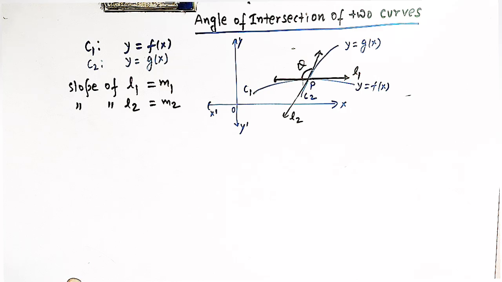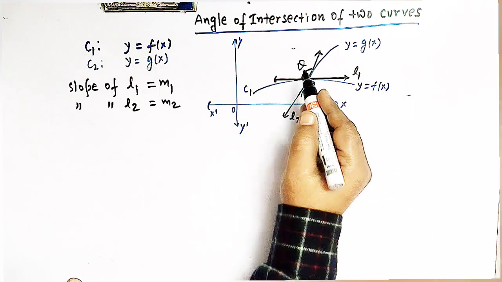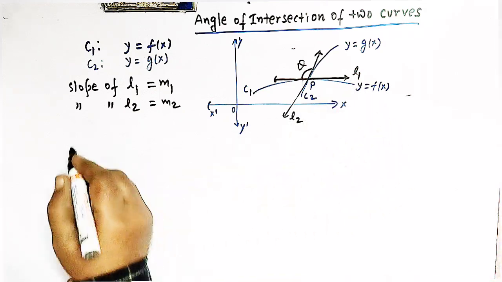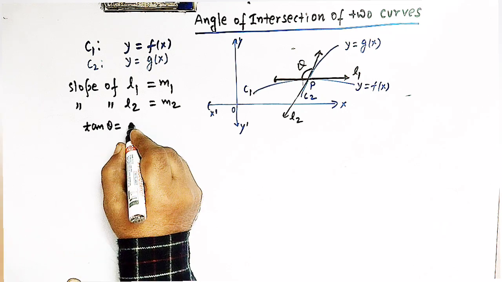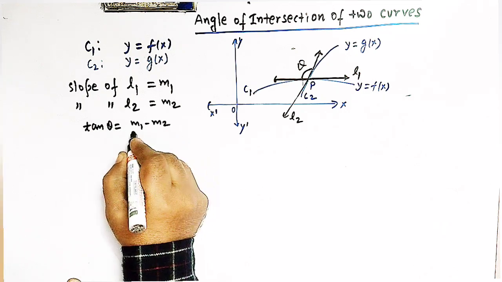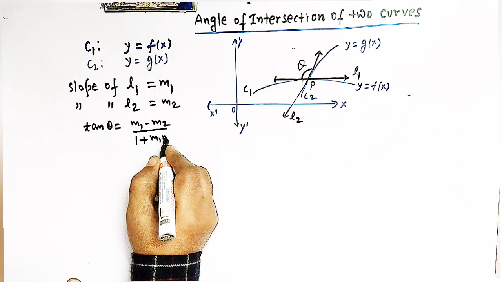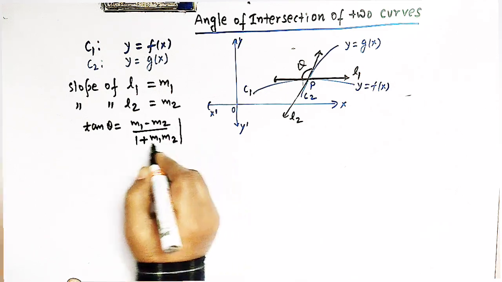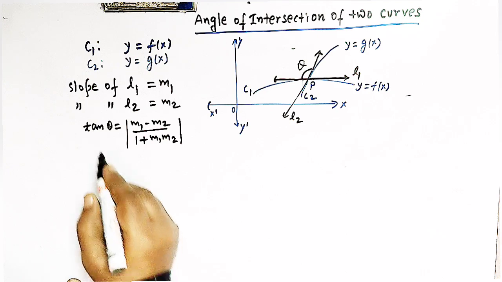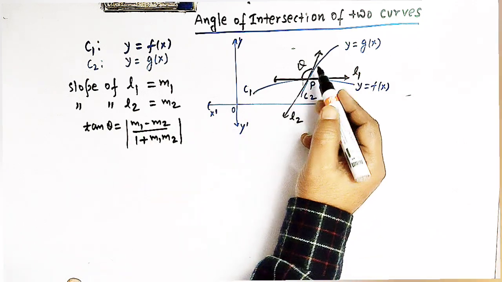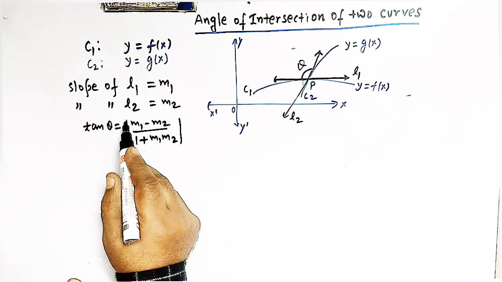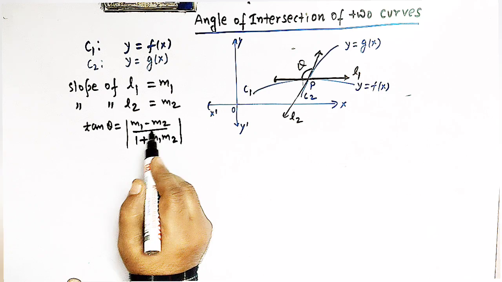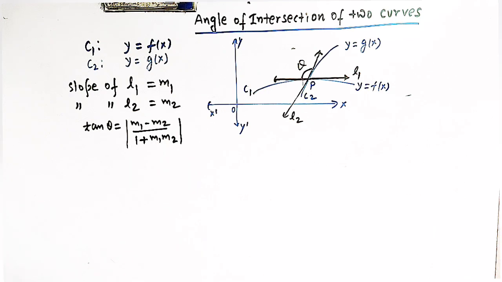We know that the angle between the two lines L1 and L2 is given by this result: tangent theta is equal to the absolute value of m1 minus m2 divided by 1 plus m1 times m2.